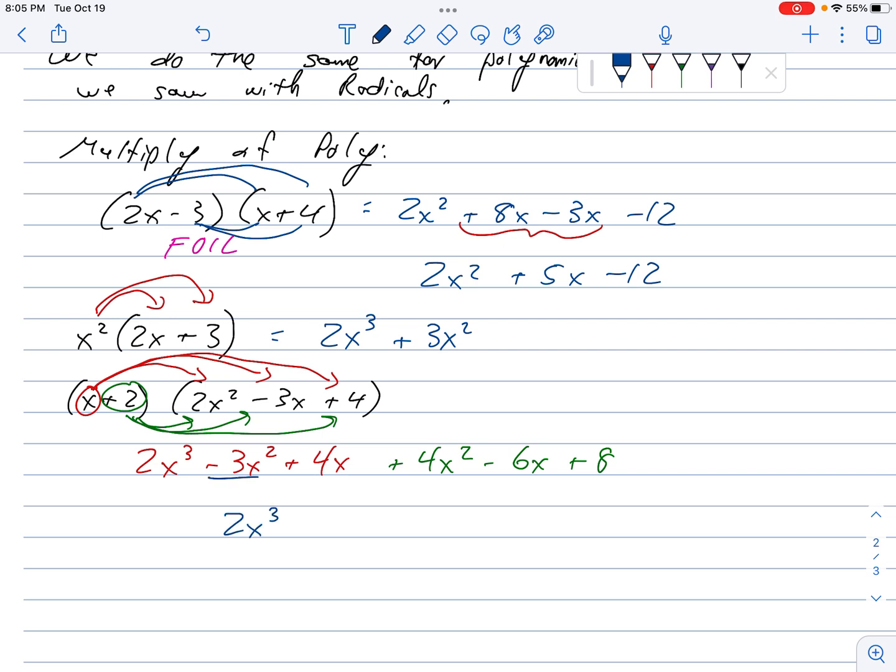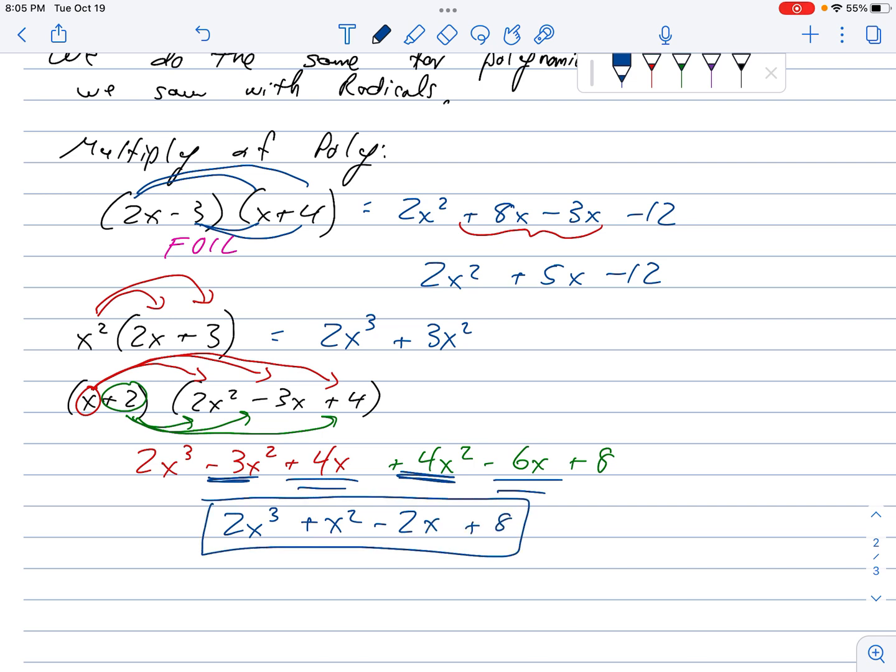2x to the third, a plus 4x squared, and a minus 3x squared just give me a plus x squared, a negative 6x and a positive 4x. And then I have that plus 8 on the end.